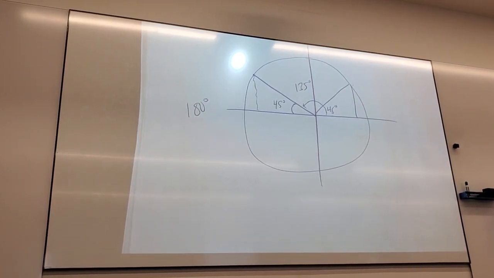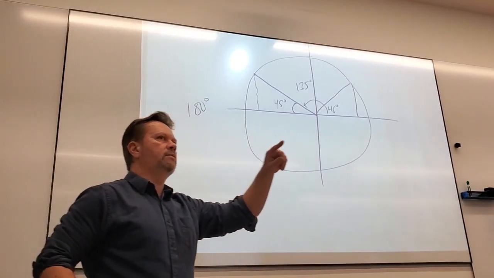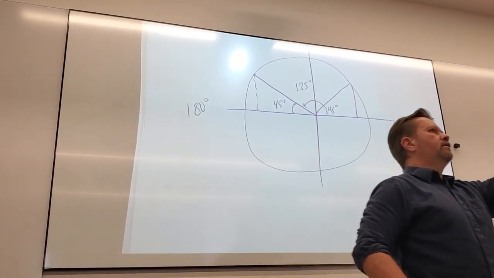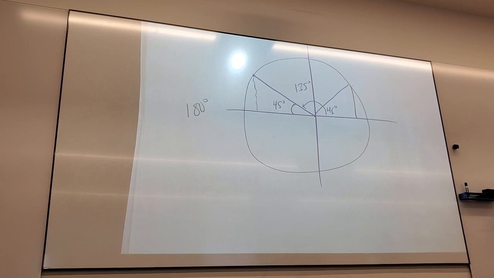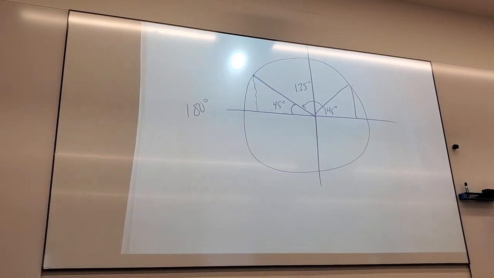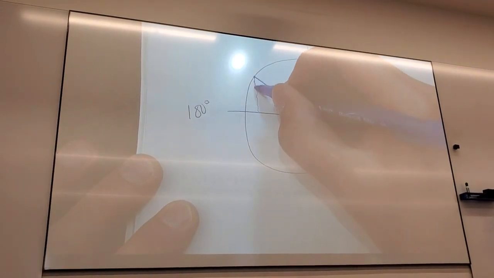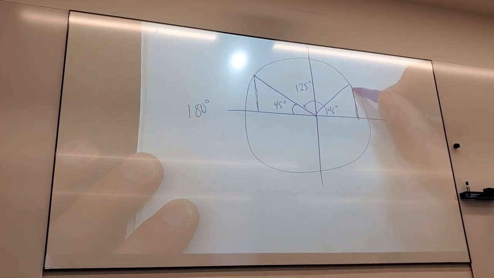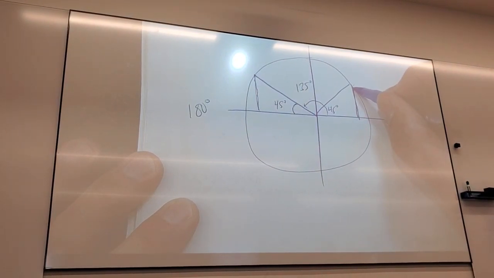This is why you do not have to memorize the sine of 135 degrees. That's not a separate problem, because the sine of 135 degrees is going to be exactly the same as the sine of 45 degrees. What's sine like again? Y. So this y piece and this y piece, they are the same.